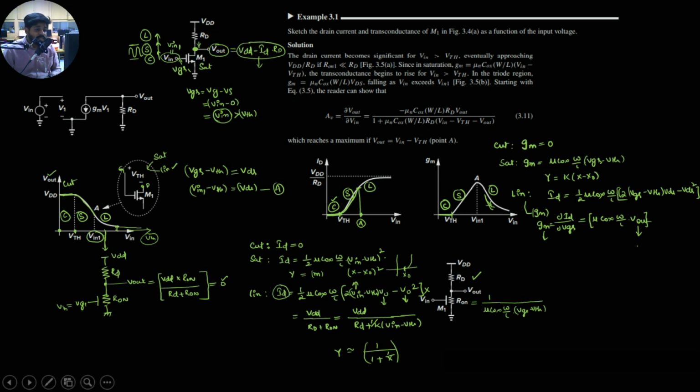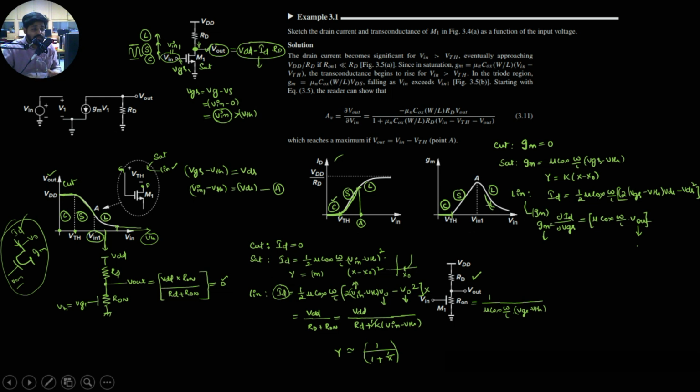This is how we observe the variations of the V output, the variations of ID across the device, and the variations of GM. These three variations mostly occur across the circuit with respect to changes of V input. So this is the complete structure we have analyzed.